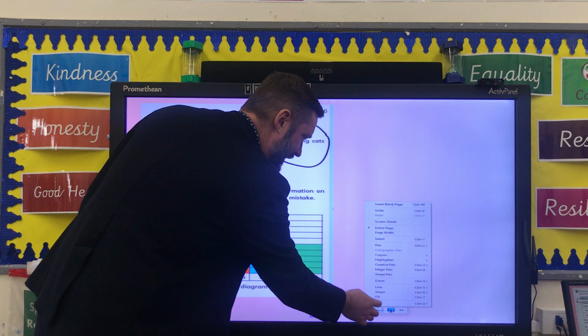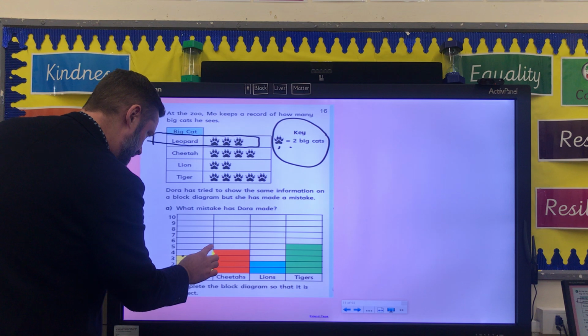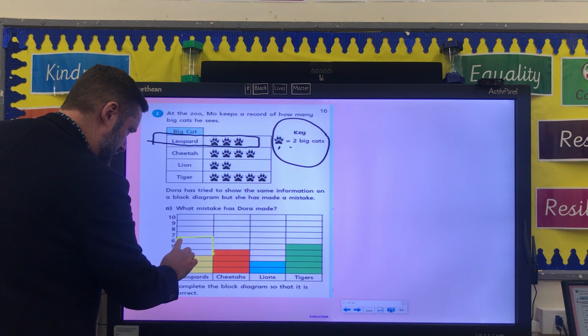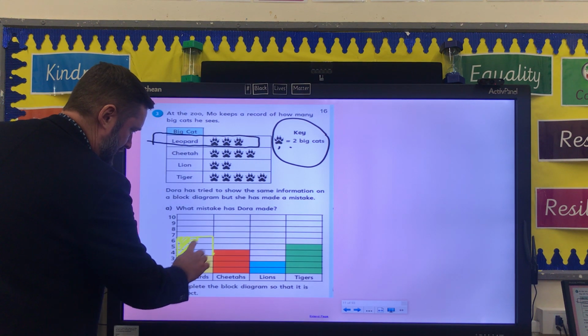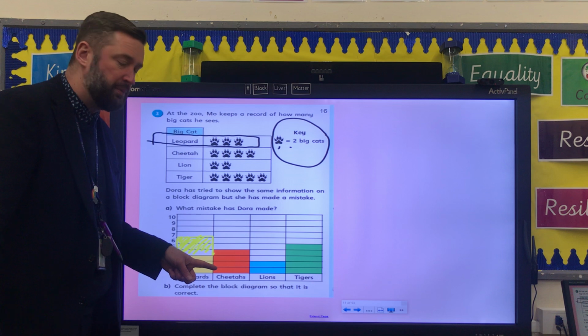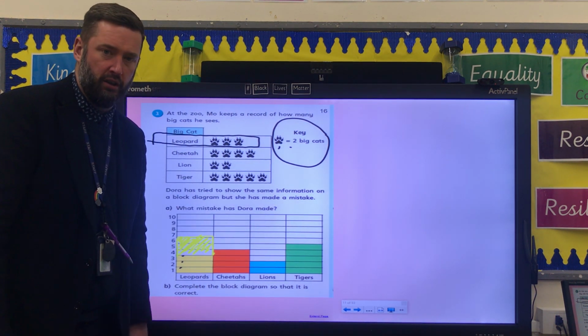She should have coloured up to 6. So I'm going to finish that off for her. There we go. Nice and neatly. So all you've got to do now we've spotted a mistake, is correct each block. Okay?